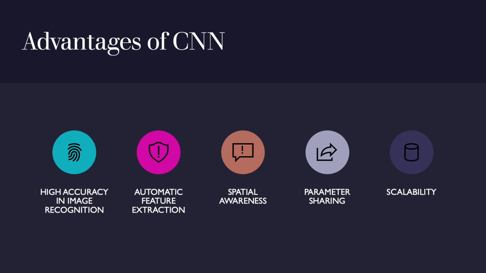CNNs have spatial awareness built within their architecture. CNNs are able to tackle huge input dimensionalities by local connectivity and parameter sharing. Lastly, the network scales really well if we increase the input size.